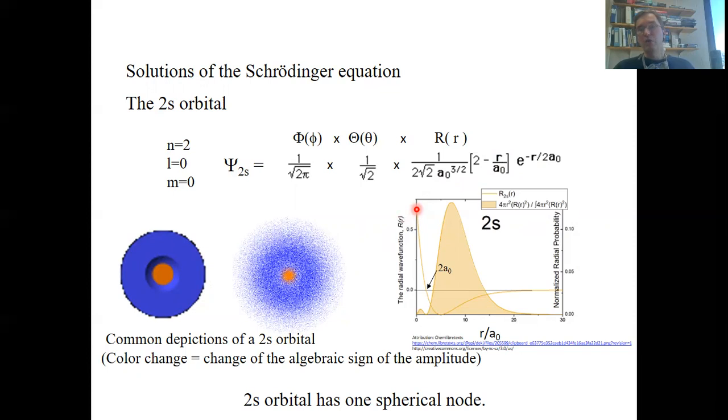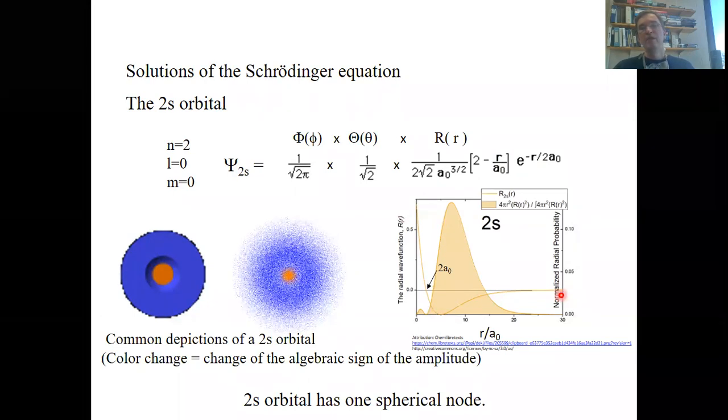So at radii smaller than 2a0, the amplitude of our wave function will be positive. At 2a0, it will become 0. And after that, it will become negative, go through a minimum, and then approach 0 again.